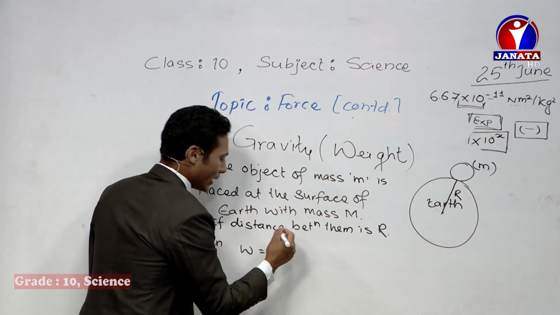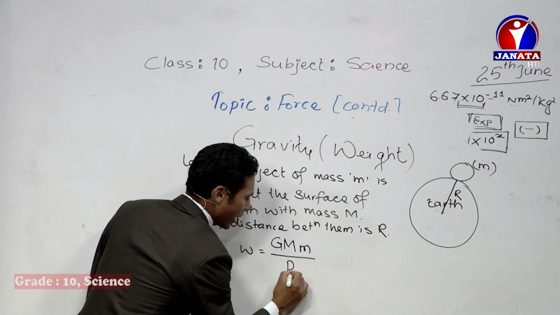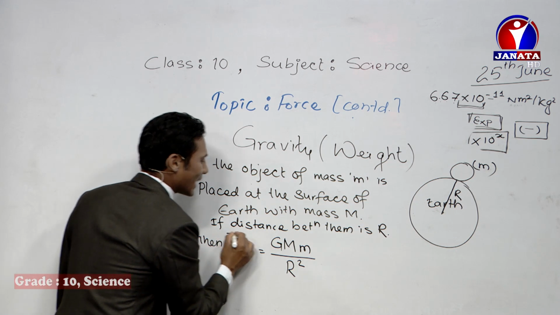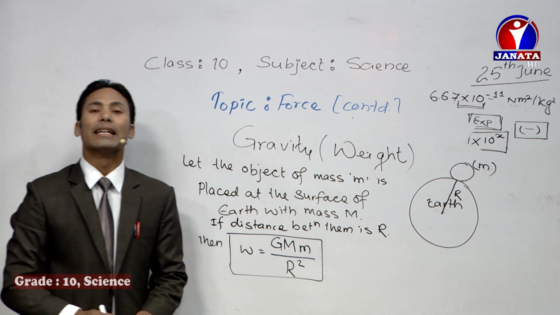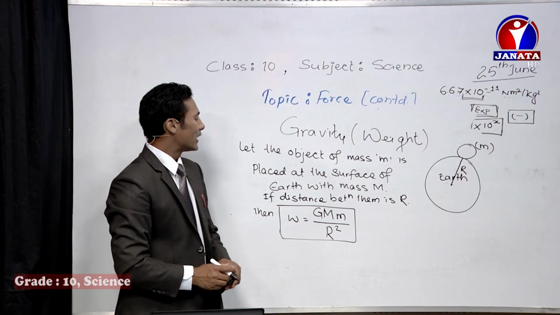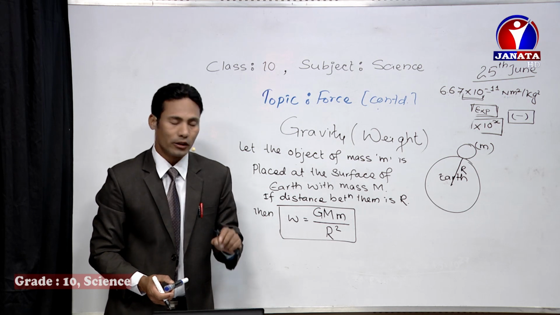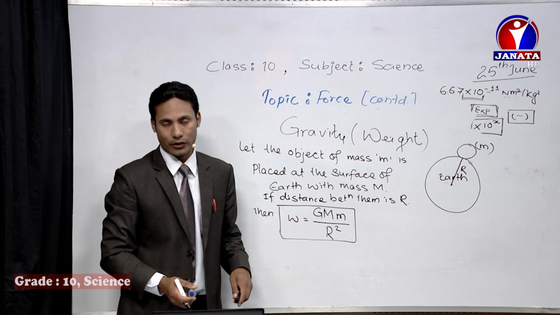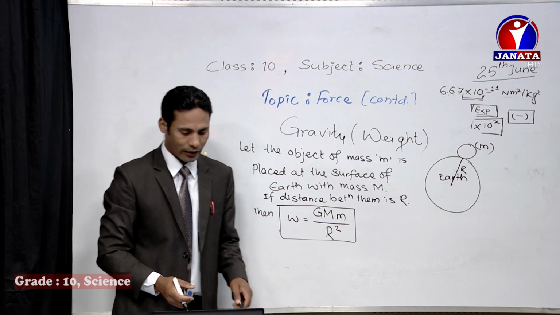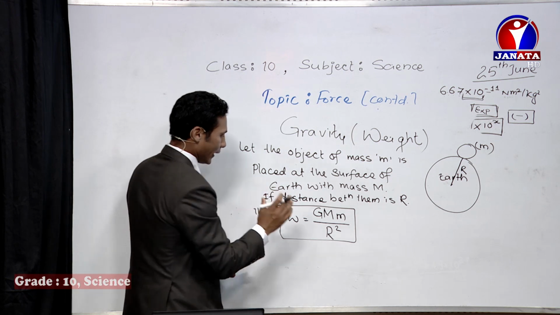Another mass m2 is there, that is the small m, by R square. So this is the next formula for calculating the weight or the gravity. And I have already said it is a special case of Newton's universal law of gravitation. So the unit of this weight is also the Newton.